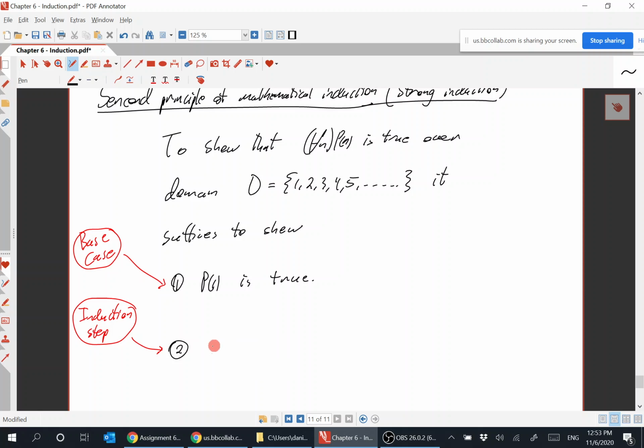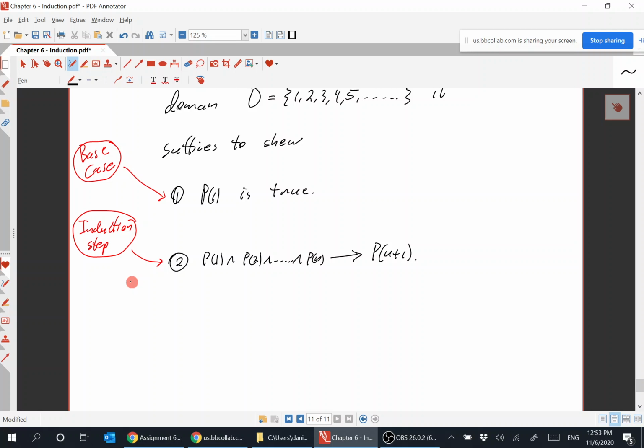The induction step is that P1 and P2 and so on up to Pn, so all the previous steps, imply Pn plus 1. P1, P2, P3, P4, all the way up to Pn, all of those imply Pn plus 1. Why does this work?